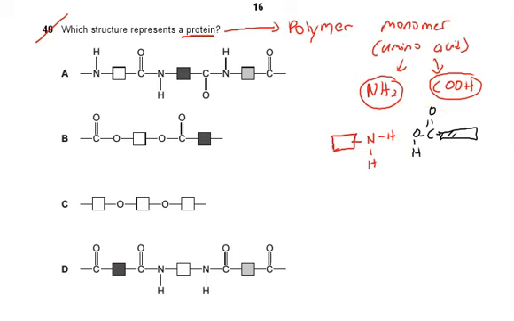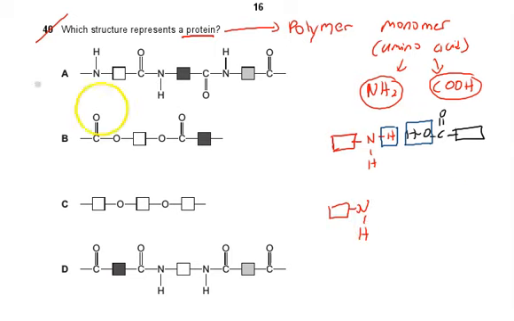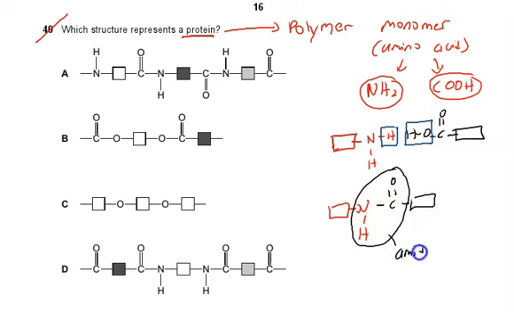Now what happens here is the OH from the carboxylic acid and the hydrogen from an amine group will combine to form water, and their combination will produce the link, and here we have C double bond O. This one we call an amide linkage, or sometimes a peptide linkage. So this is the amide link.